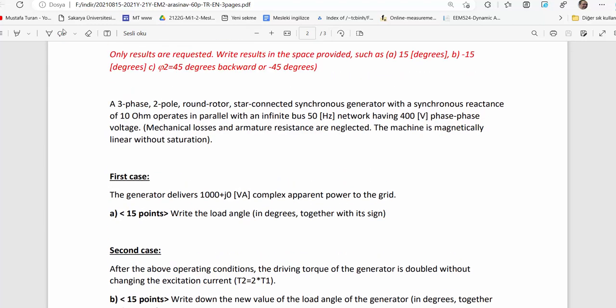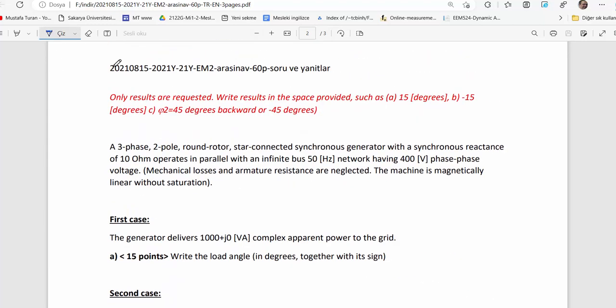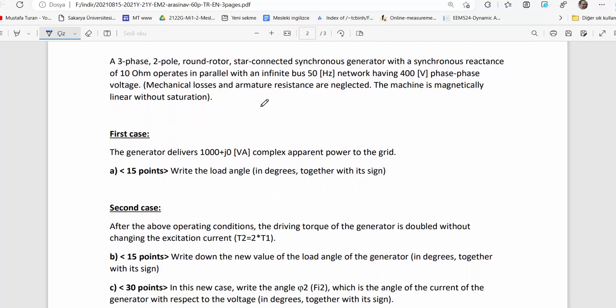That was an online exam, so only results are required. The format is given here. The angles and signs of angles are important. It is written. Let's read the question.